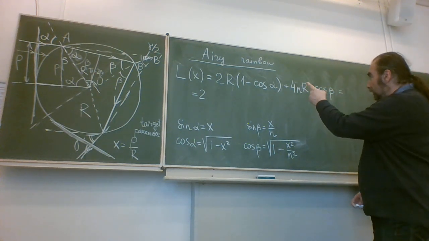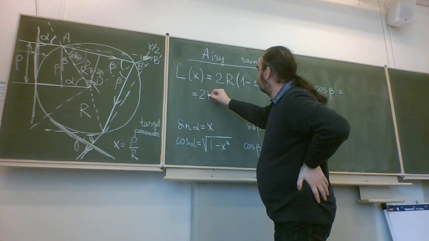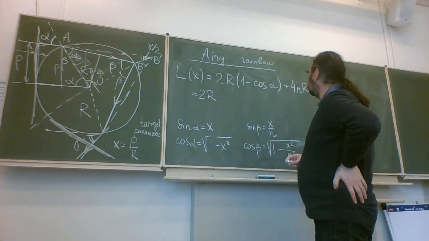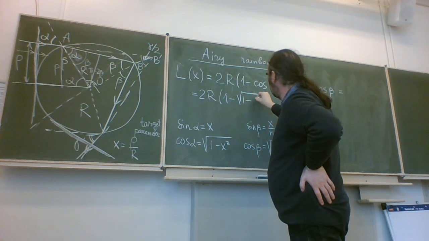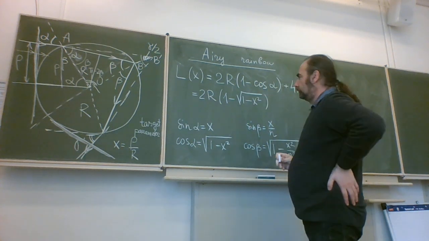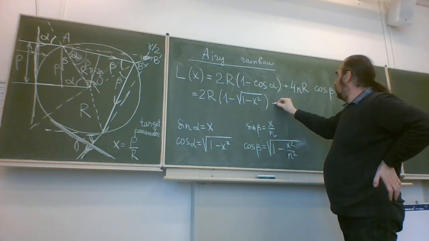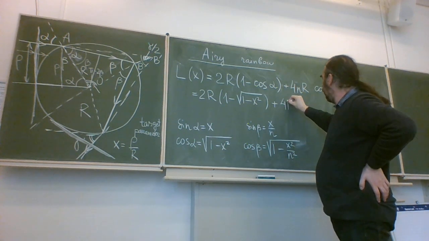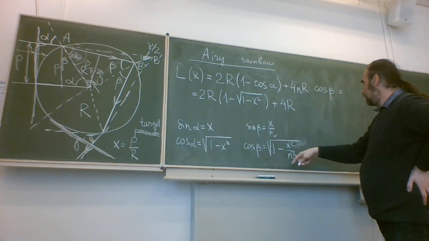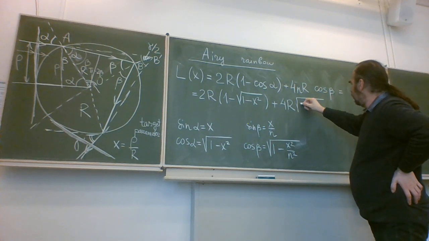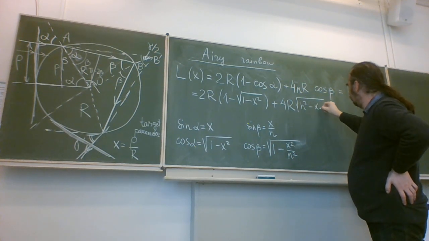So I can just write it as 2r times (1 minus the square root of 1 minus x squared) plus 4r over n times the square root of n squared minus x squared.